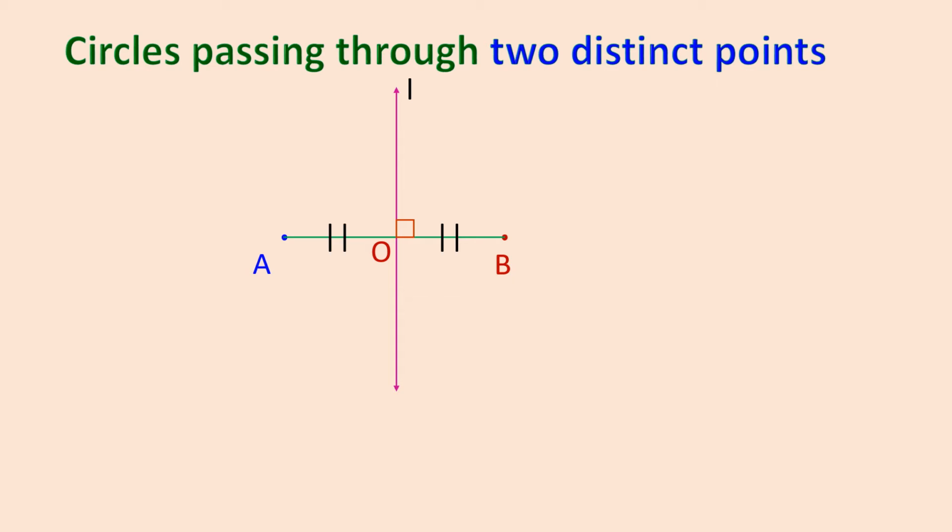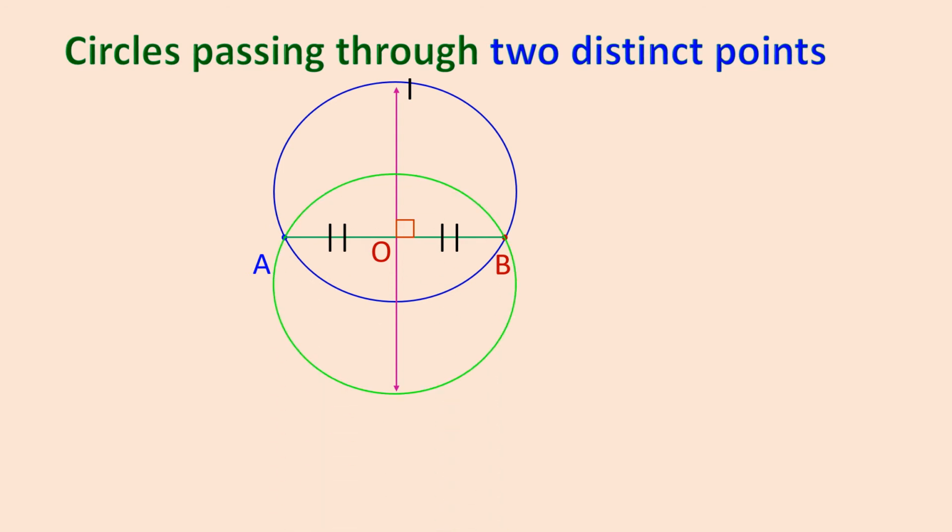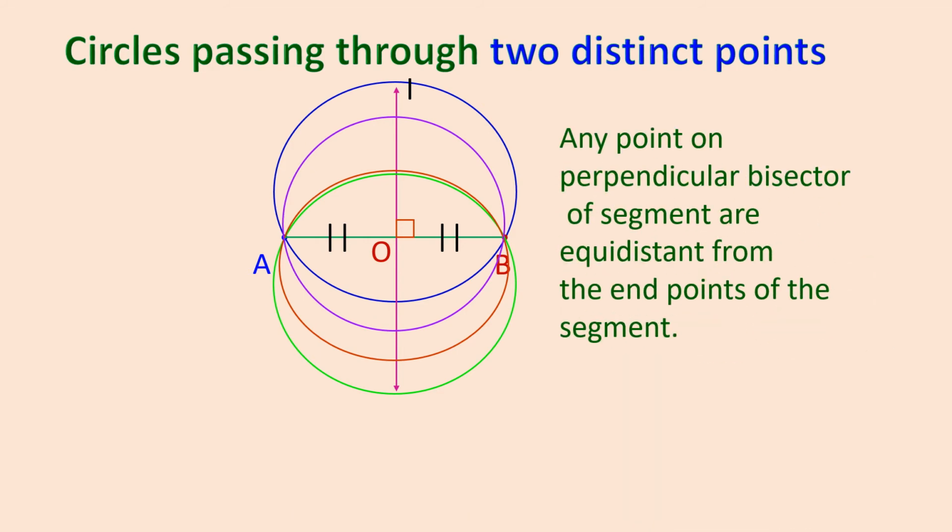Point A and point B. So if you keep the pointer anywhere on line L and take the radius up to point A or point B, that becomes the radius of the circle, and that circle will pass through both the given points. See here, one more, and one more. As many as you want, you can draw.